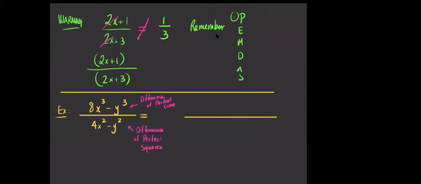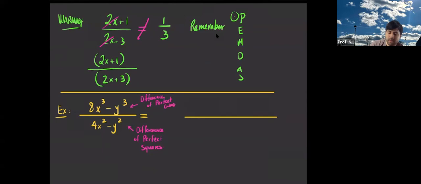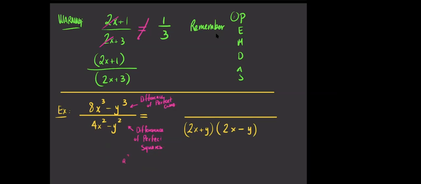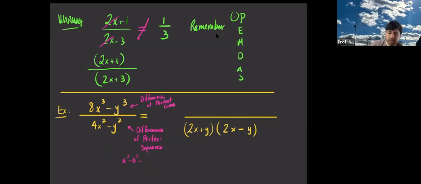Is it 2x minus 2y? It's 2x plus y times 2x minus y. So remember, this comes from a squared minus b squared equals a plus b times a minus b. So in this case, my a is the 2x and my b value is the y.